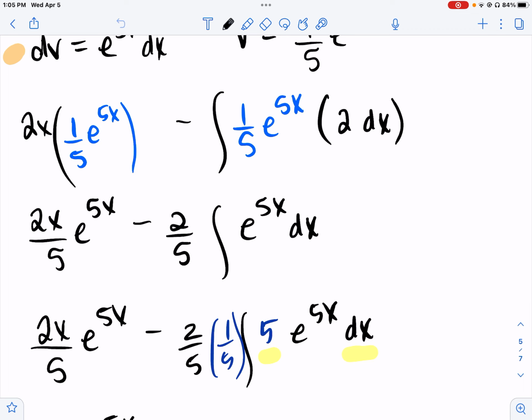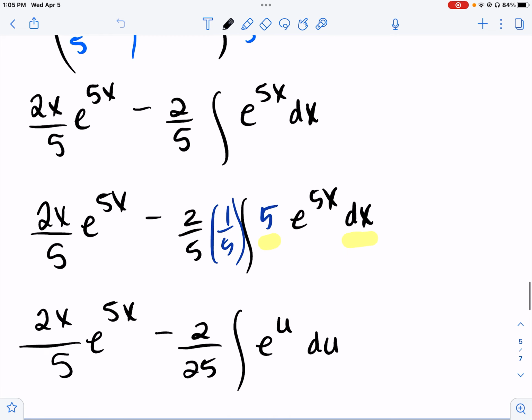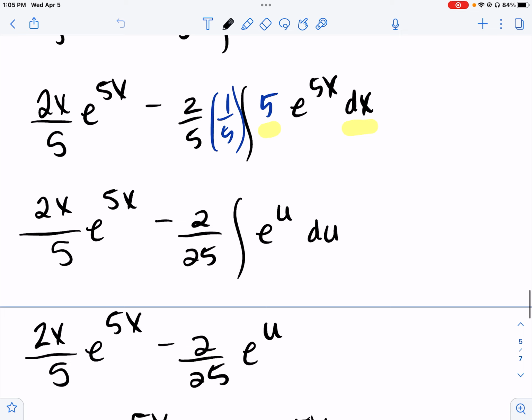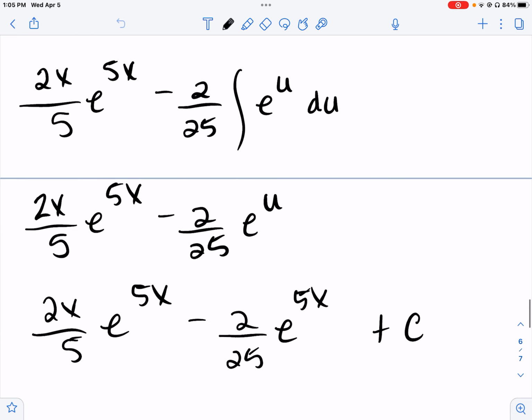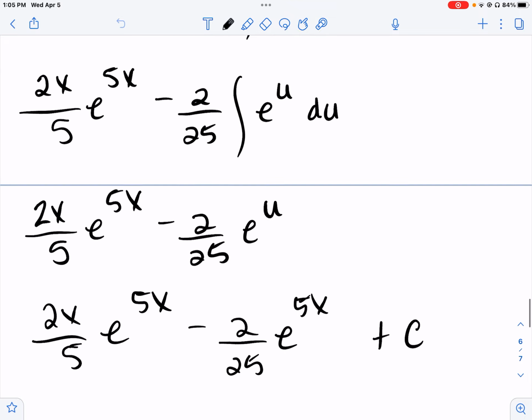That second part, I need a 5 for the integral of e to the 5x. So a 1/5. 2/5 times 1/5 is 2 over 25. Now I have e to the u. The integral of e to the u is e to the u. And I'll rewrite u as 5x. And that's the end of the review.